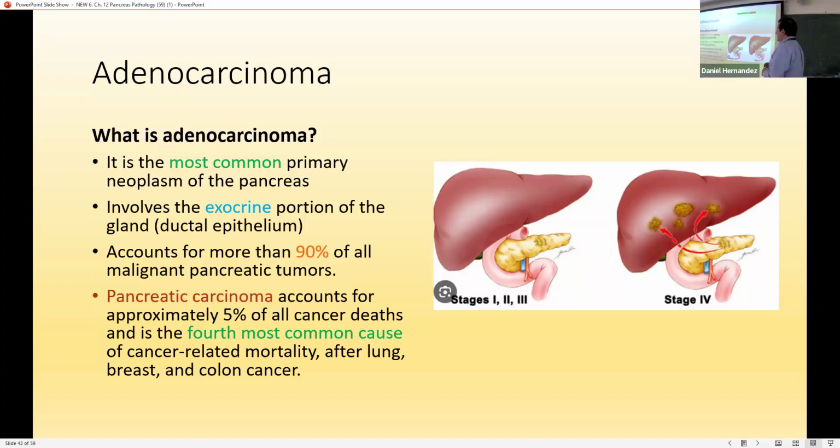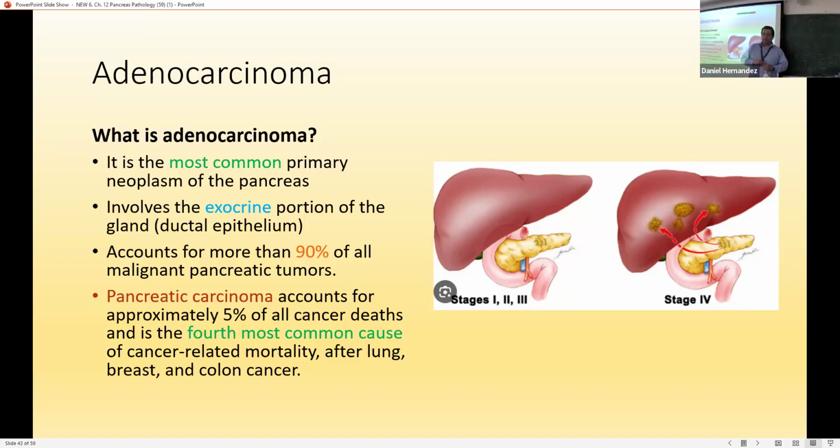So adenocarcinoma is the most common primary neoplasm of the pancreas. This is the most common tumor that you're going to encounter with the pancreas. This one involves the exocrine portion of the gland, the exocrine cells, the acinar cells, and accounts for more than 90% of all malignant pancreatic tumors.